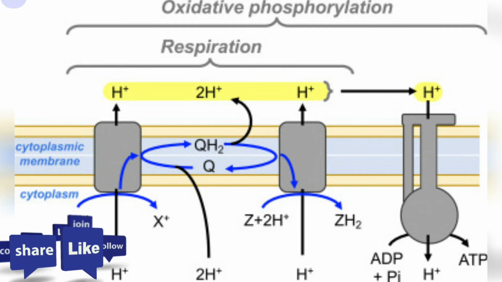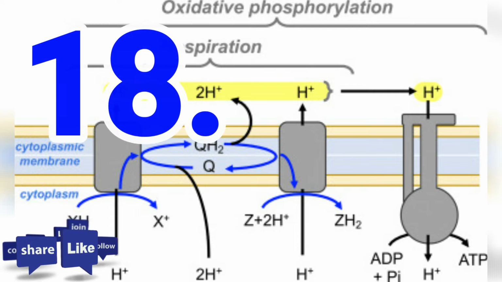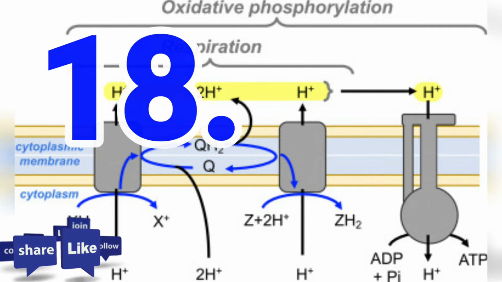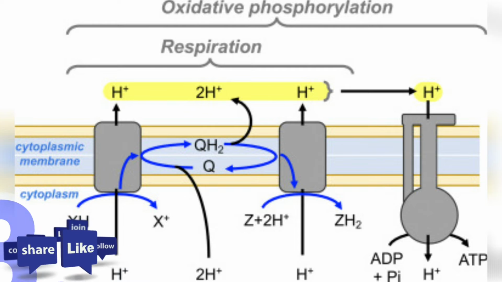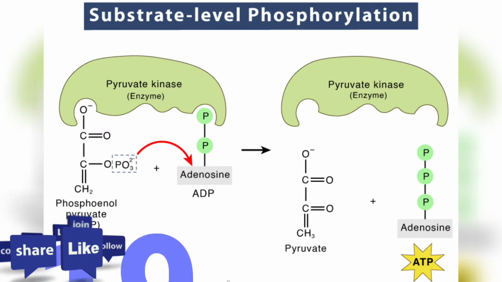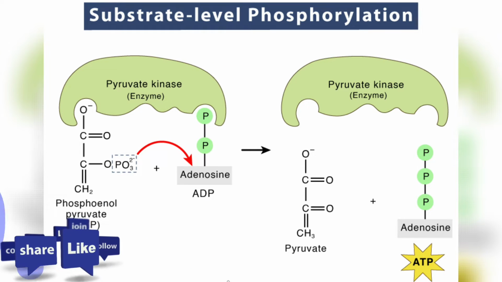In the EMP pathway, the net or total ATP gain is 6 ATP or 8 ATP. That means 2 NADH2 provide 4 or 6 ATP and 2 ATP are produced by substrate level phosphorylation in this process. Substrate level phosphorylation is also known as SLP.